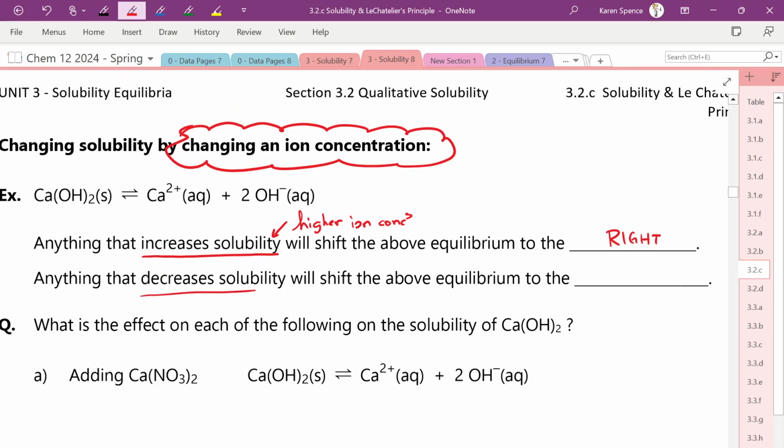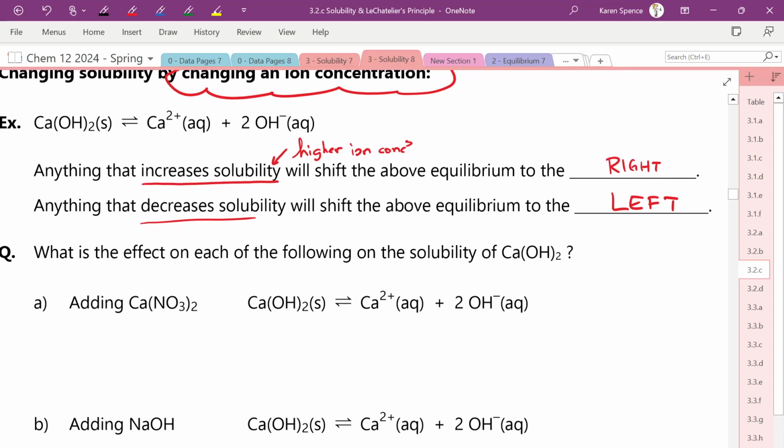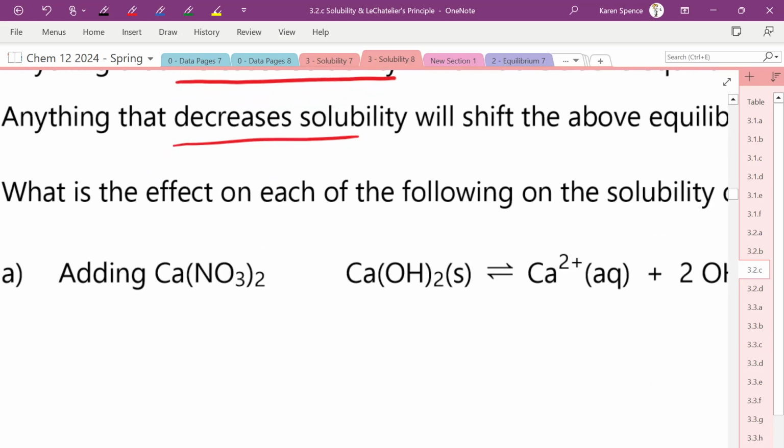Anything that decreases the solubility will shift the above equilibrium to the left. So let's think about what the stress is in these cases. And you guys need to get really good at seeing a compound, but thinking ions. So don't see the compound and think CaNO3.